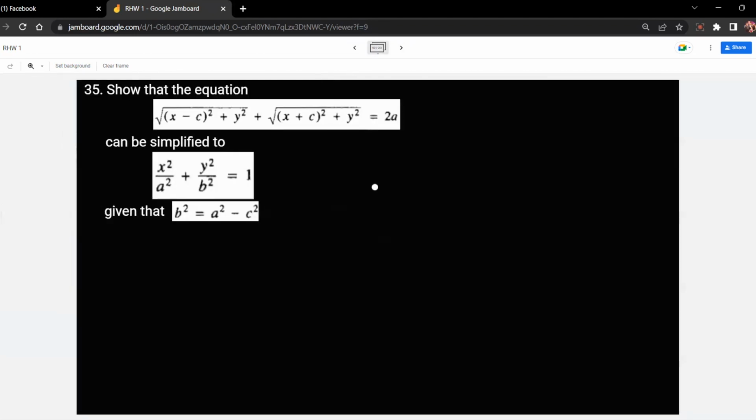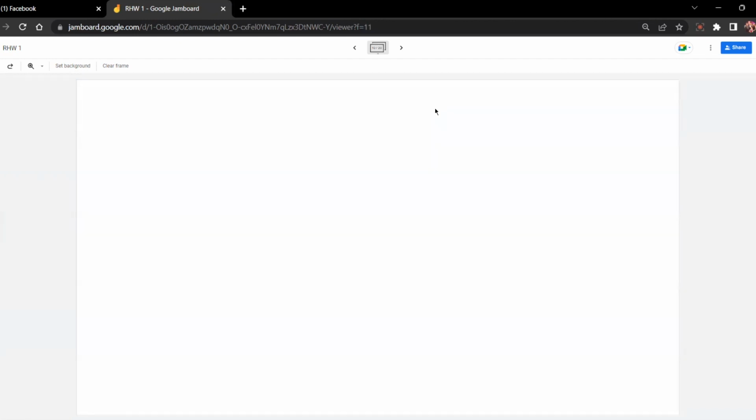Three pages. So square root of (x minus c) squared plus y squared equals 2a minus yung other square root. Tedious algebra.